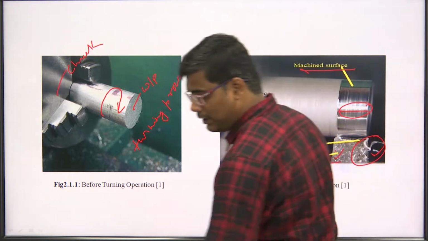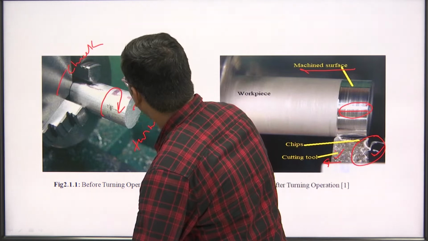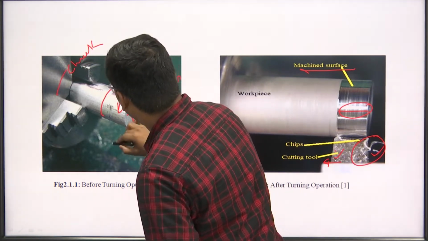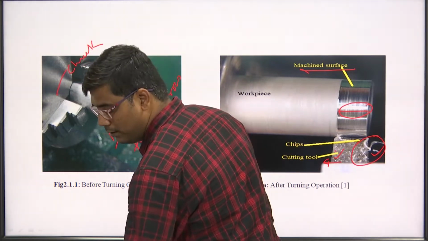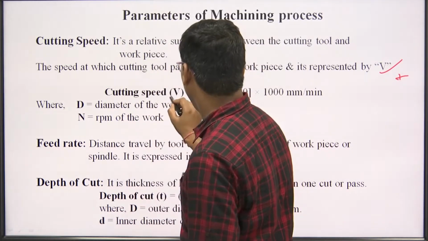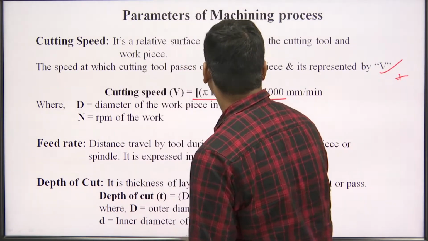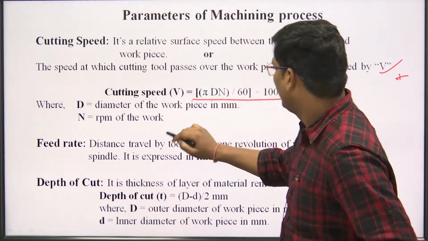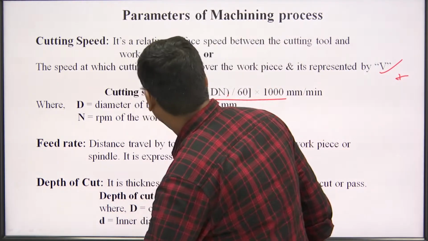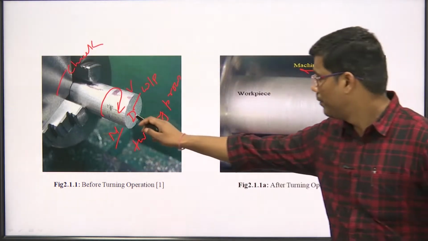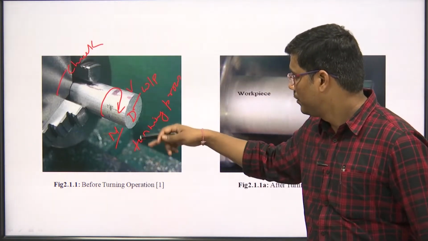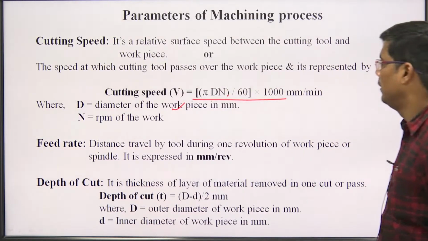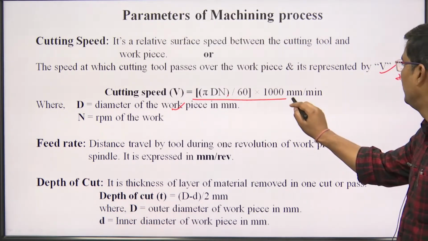When it rotates at velocity V, the diameter is D, and the RPM is N, then the cutting speed will be V = πDN/60, multiplied by π into D into N, where D is the diameter of the workpiece, as shown in the previous diagram, and N is the RPM of the workpiece. V = πDN/(60×1000), and its unit is mm per minute.